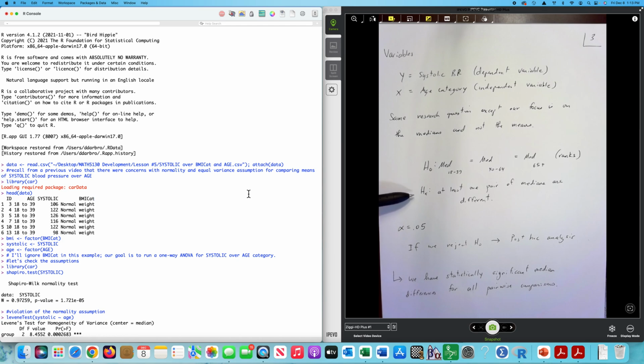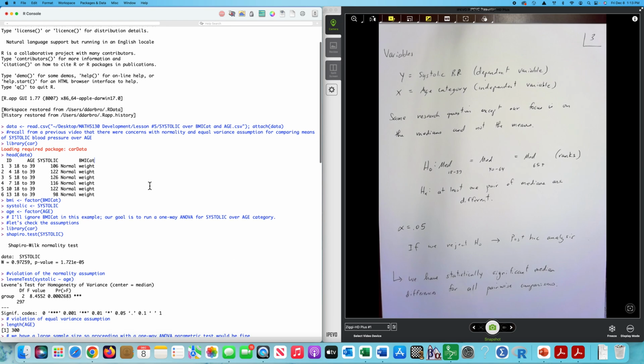The alternative hypothesis is comparable to the parametric test in that at least one pair is different. Set alpha at 0.05. If we reject the null, we have statistical significance, and we dive into post hocs. All right, so let's see how it takes effect with this.